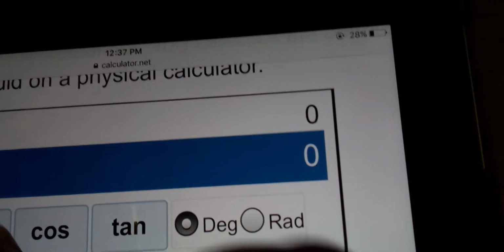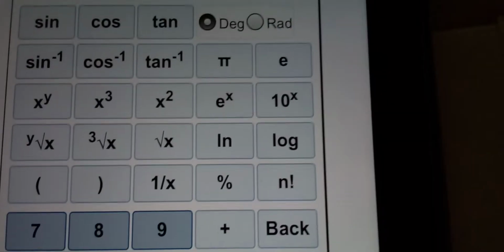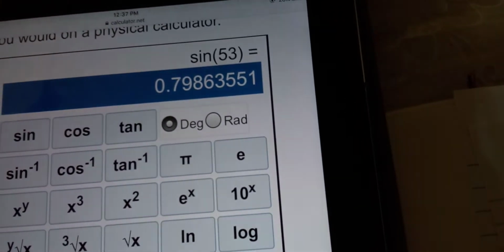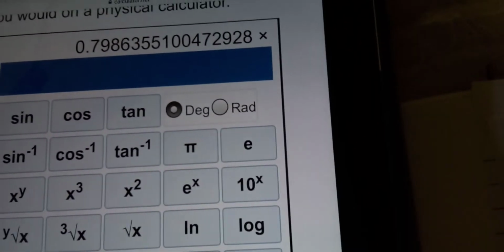So this is the sine key right here. The way we'd go about solving this is first pressing the sine key, and putting in our degrees, which is our bearing, 53 degrees, and then we're going to multiply that by 30 centimeters, sorry.